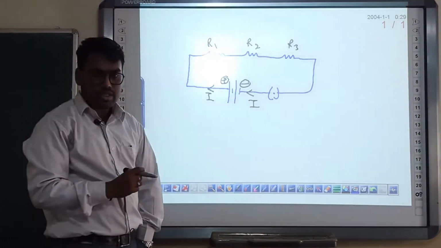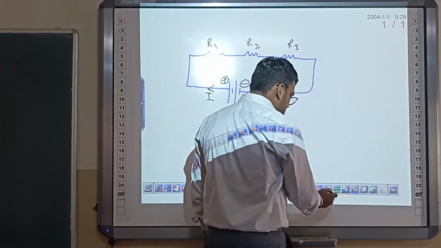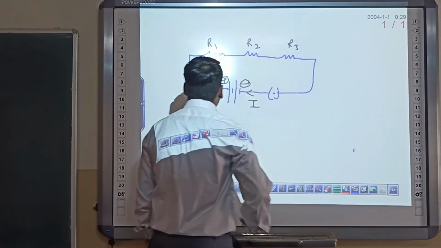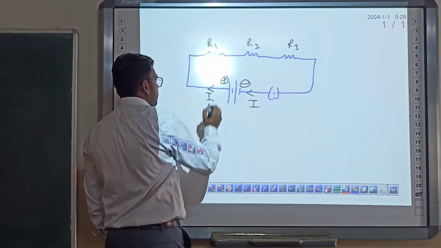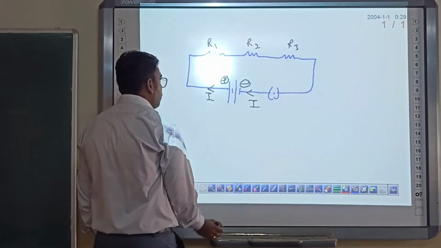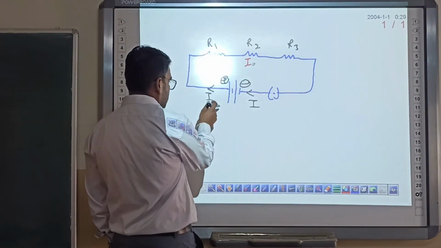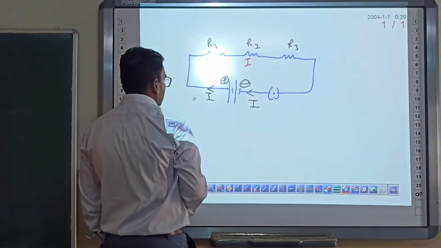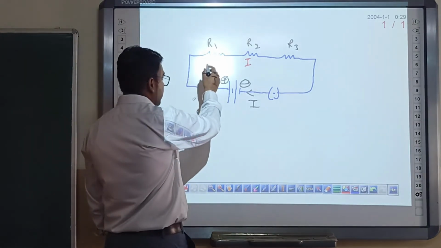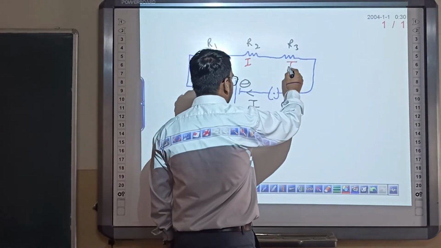Charge can neither be created nor destroyed. What is the amount of current to R1? Answer is I. And what is the amount of current to R2? That is I. Current is the same, since current I is coming out of the battery, so the first gets I, the second also gets I, and the third also gets I.